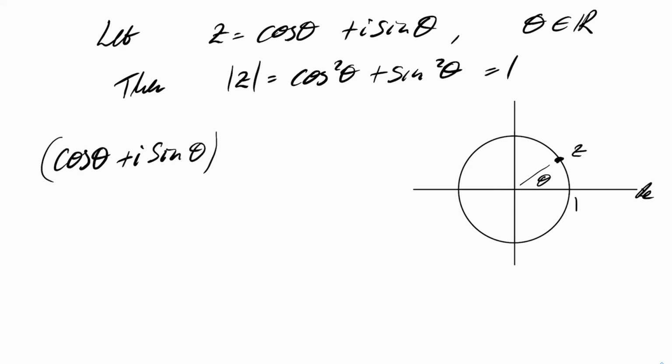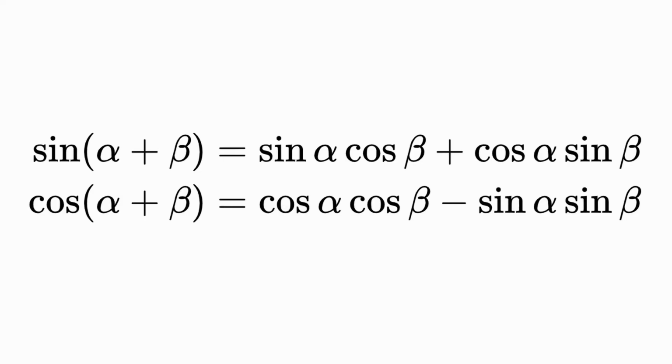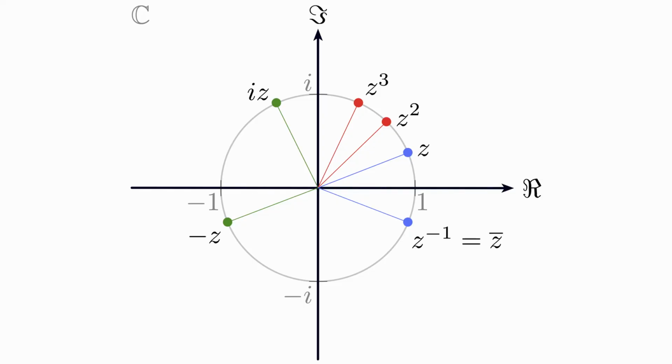If I take this number and raise it to some integer power n, then this is equal to cos n theta plus i sin n theta. And it arises upon application of the cosine sum rules that we saw before. This tells us that to raise a number on the unit circle to some power, I rotate it by n theta around the unit circle. So this is a really neat result, and it's known as de Moivre's theorem, and plays a key role in establishing the exponential function for complex numbers shortly.